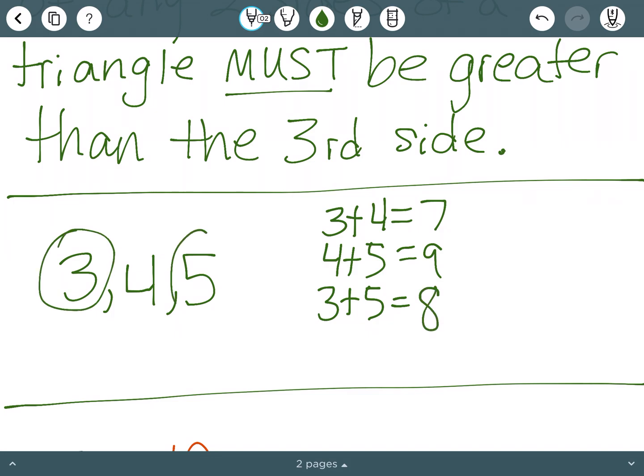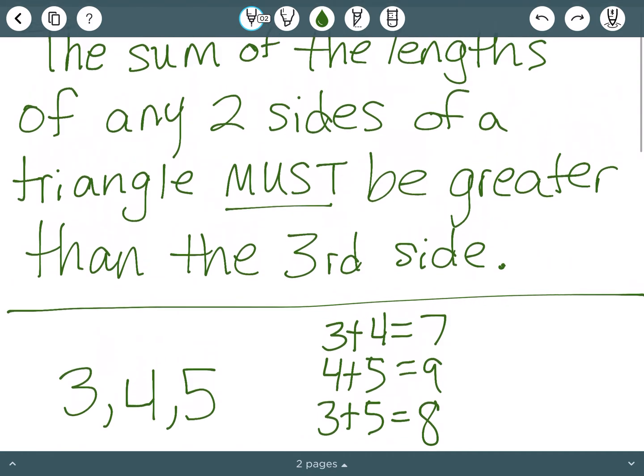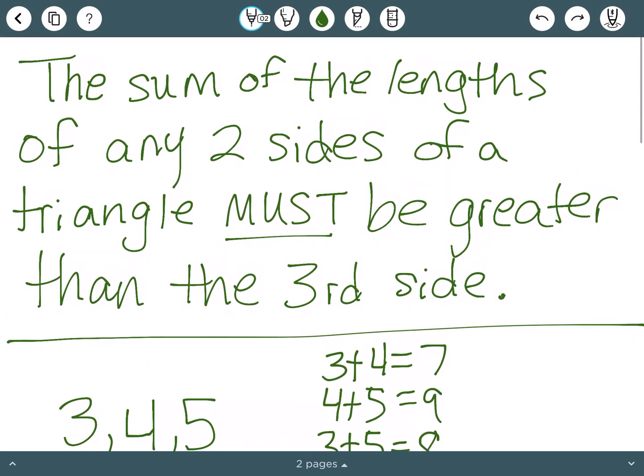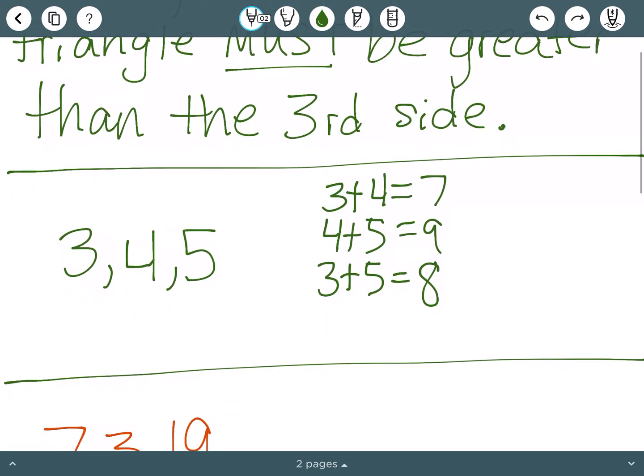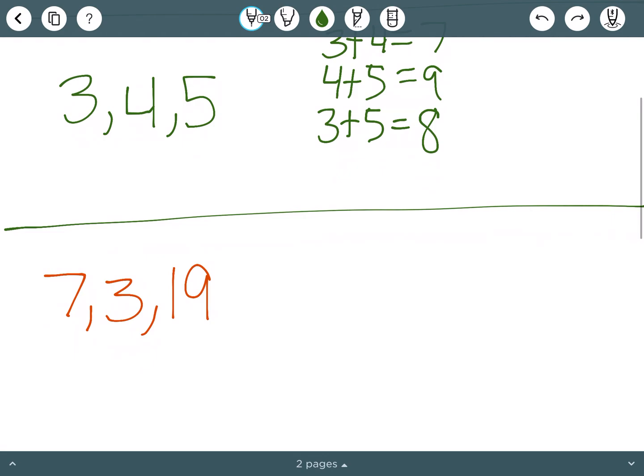We added these two. And is 8 greater than 4? Yes, it is. So this is what it looks like, and this is exactly what it means when we say that the sum of the lengths of any two sides of a triangle must be greater than the third side. That's what that looks like. We have a few more examples here that I would like to look at.